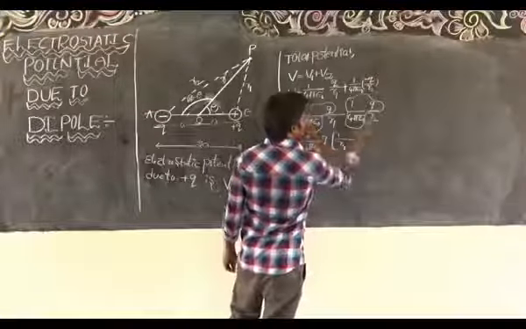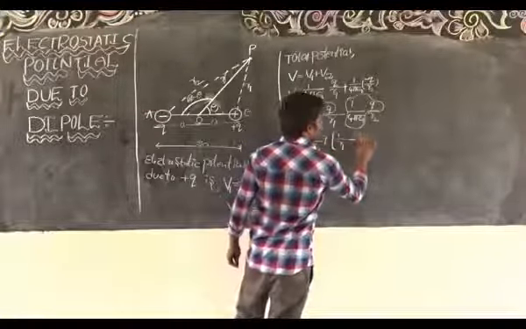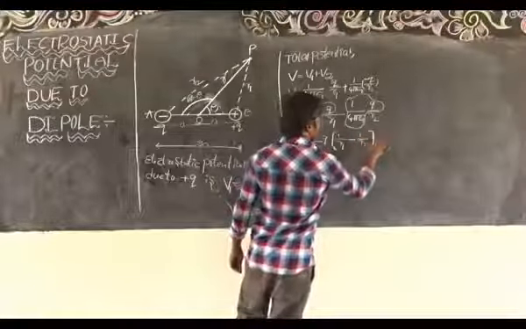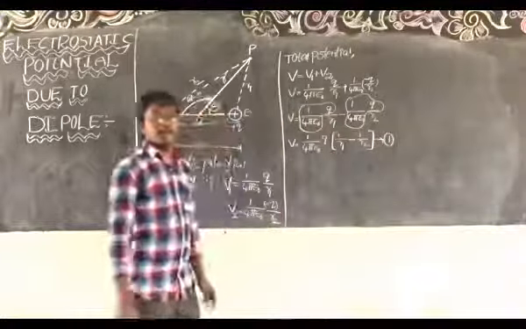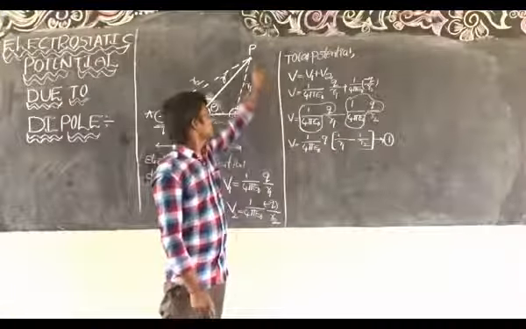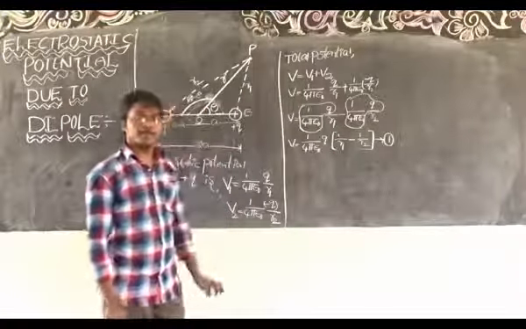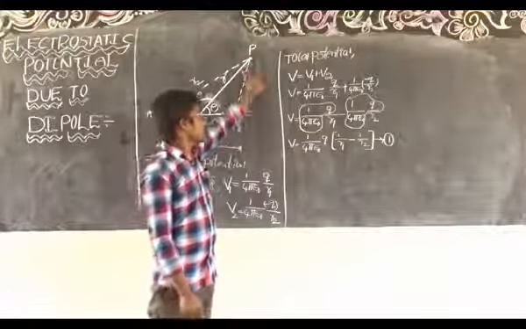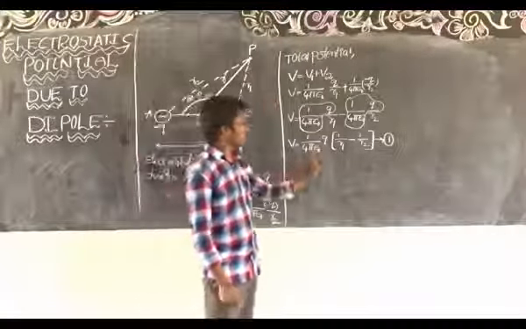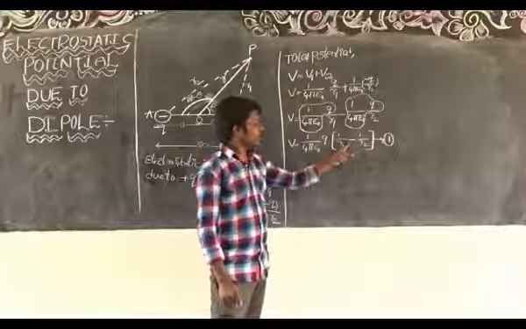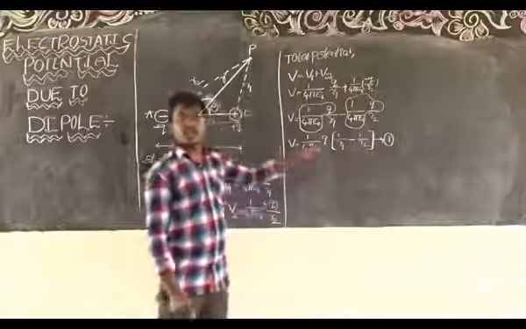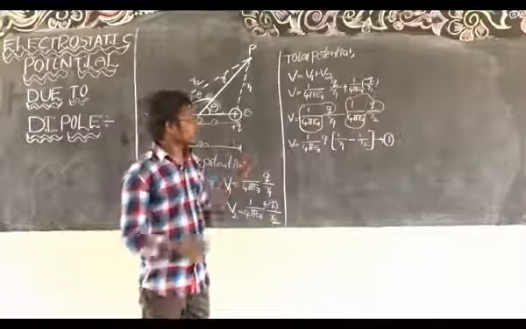What is the remaining here? 1 by R2. Give this expression number 1. Total electrostatic potential at point P is V is equal to 1 by 4 pi epsilon naught Q into 1 by R1 minus 1 by R2. This is the electrostatic potential expression.